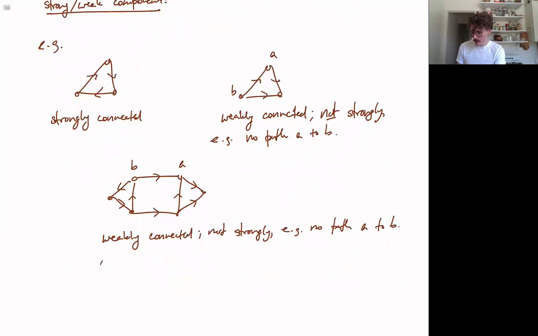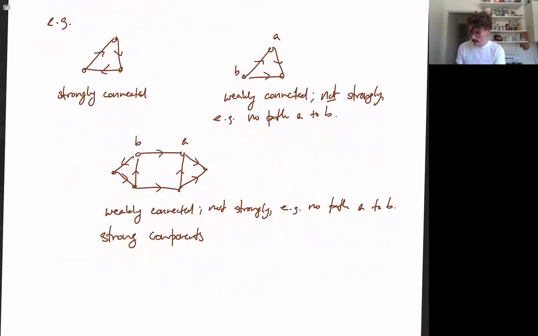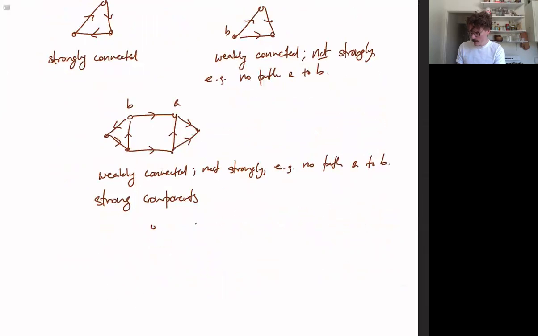So the strong components, let's start drawing this picture. Let me start with just drawing all the vertices. And then we'll add edges to show which ones are in the same component. So these three we have concluded are in the same strong component.